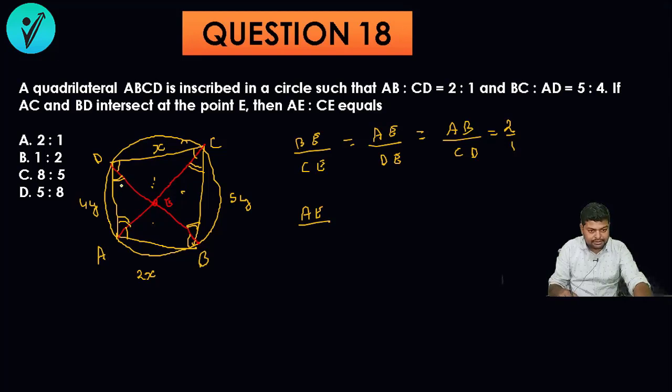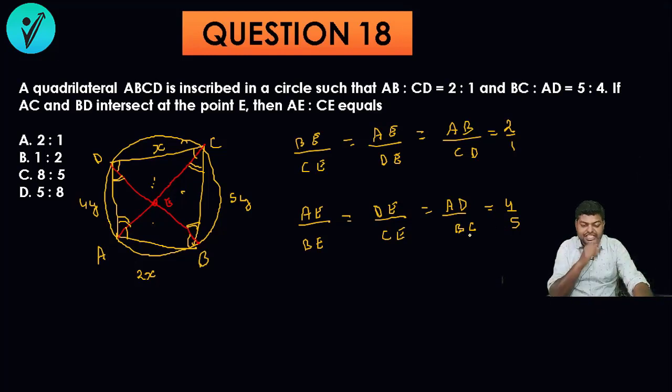AE upon BE will be equal to DE upon CE, and this will be AD upon BC. Now we have the ratio of AD upon BC. It will be 4 upon 5.